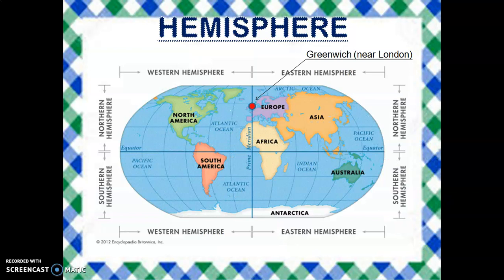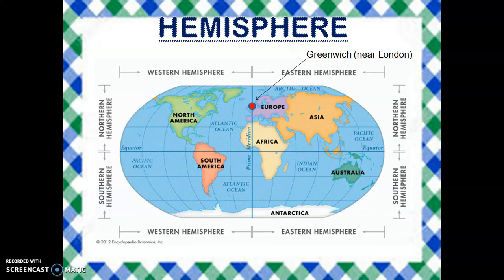Now, let's look at the hemispheres. With the help of the equator and prime meridian, the earth is divided into hemispheres. If we draw the equator here, the top portion is the northern hemisphere, and the bottom portion is southern.